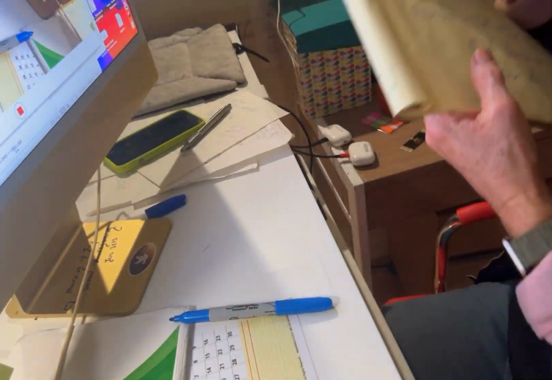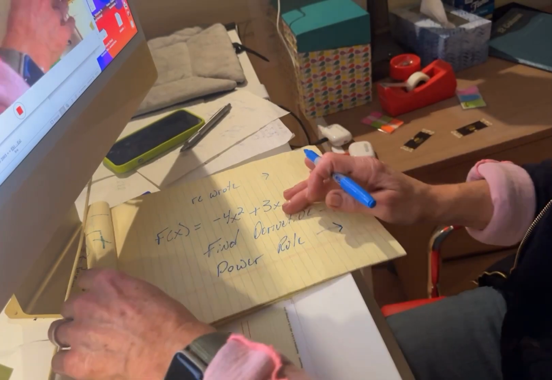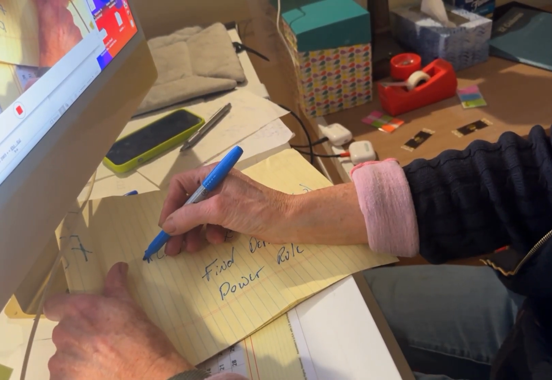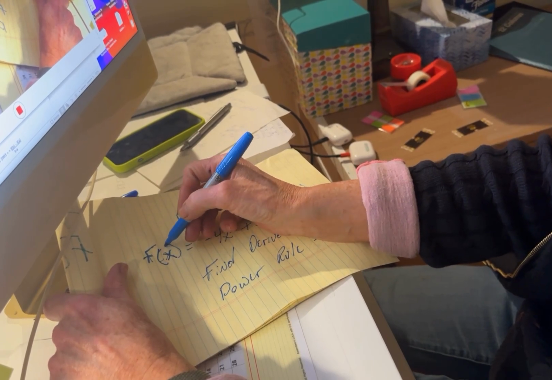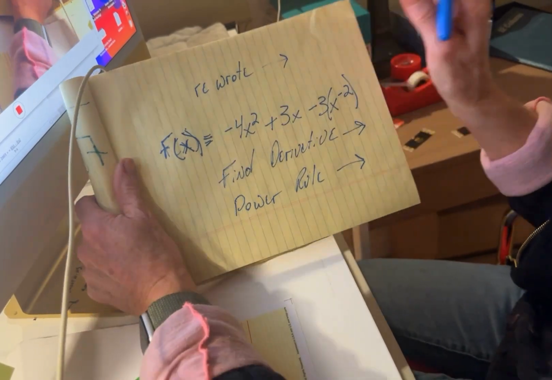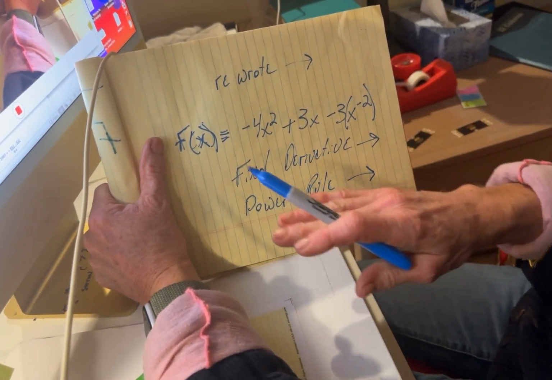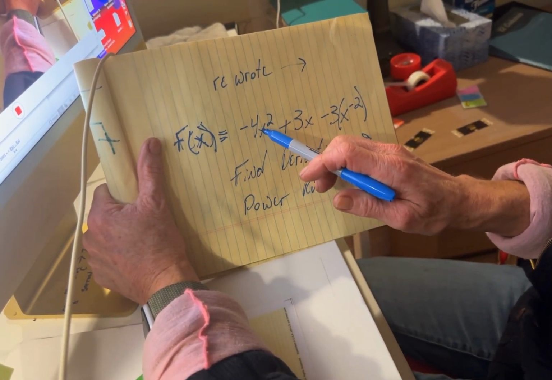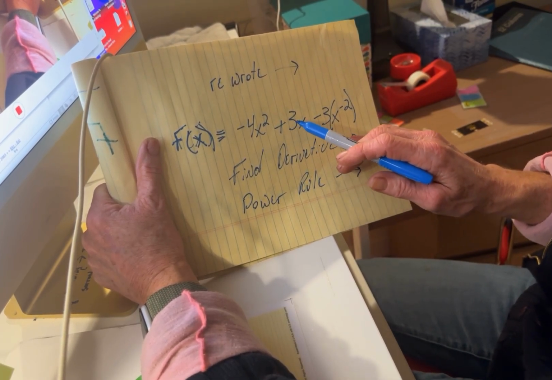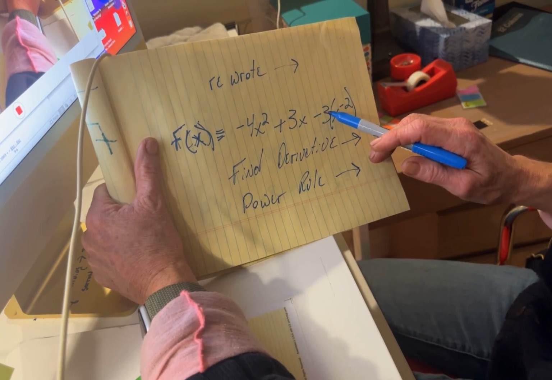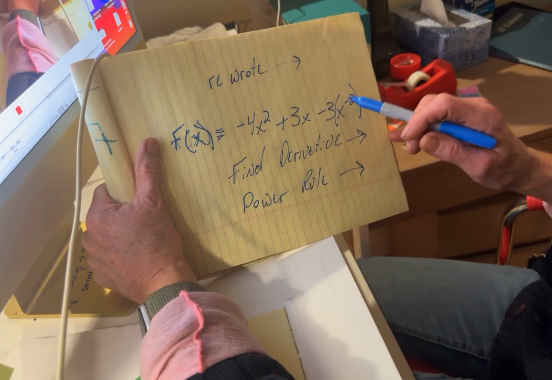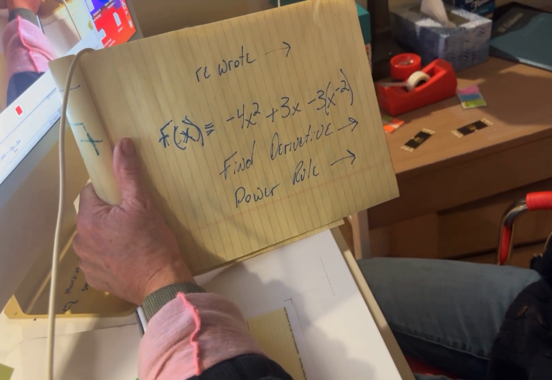So if you could see this, f of x equals, we're going to get rid of the fraction at the end, and this will become negative 4x to the second power plus 3x minus 3 times x to the negative second power.